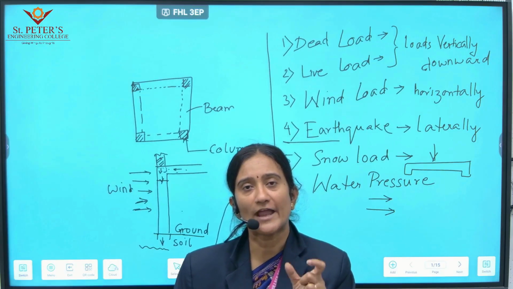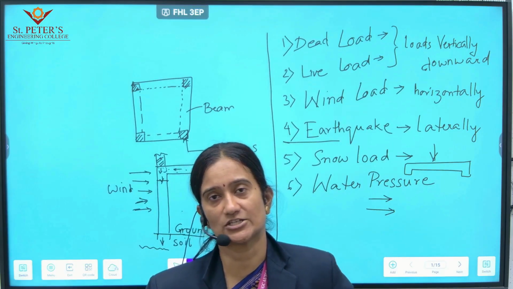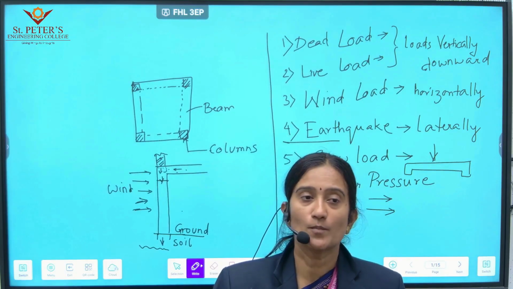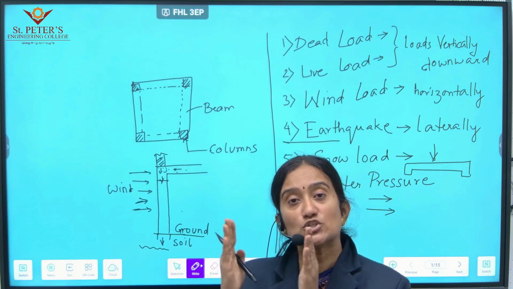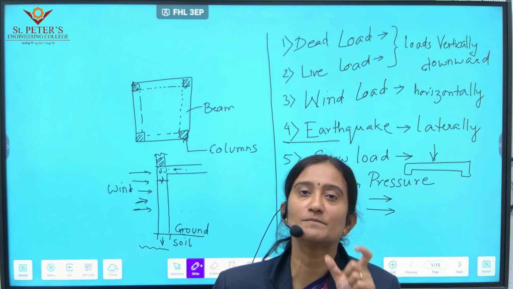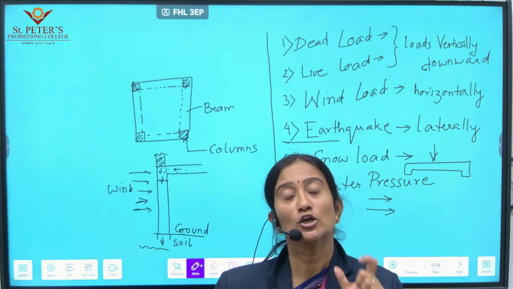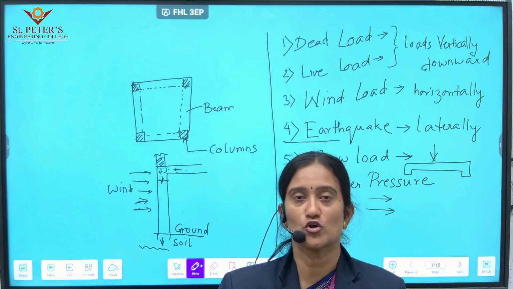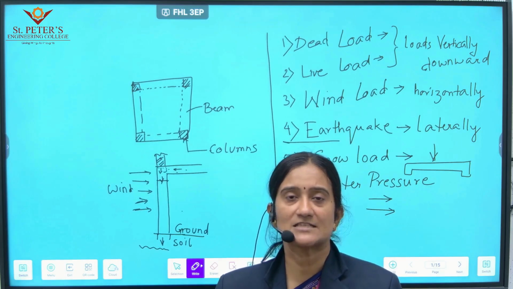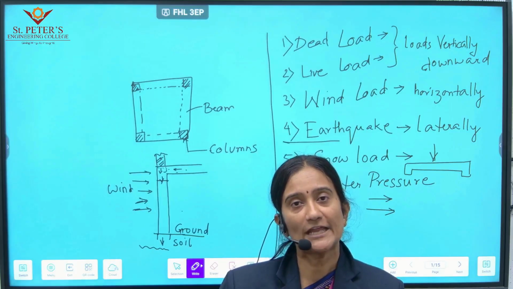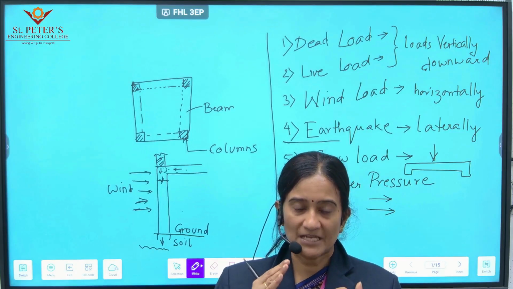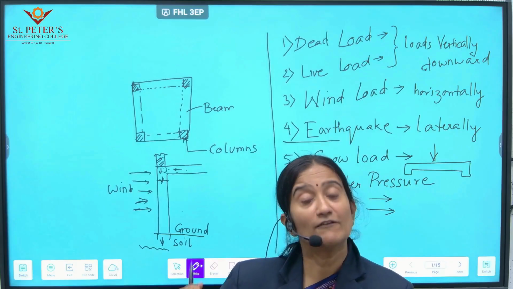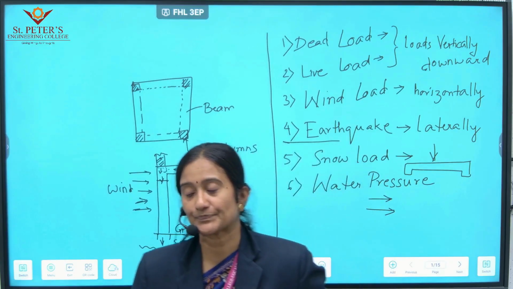Design is to find out the dimensions of the structure, how much length, width, and depth should be provided to take the external forces, so that the building doesn't break or collapse, and can be durable and sustainable for a long time.